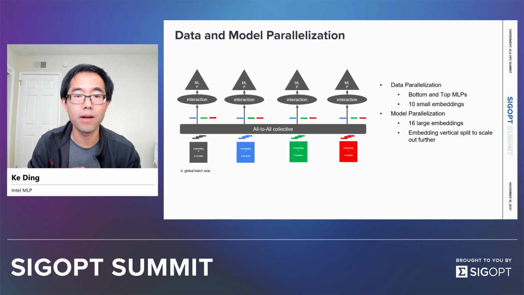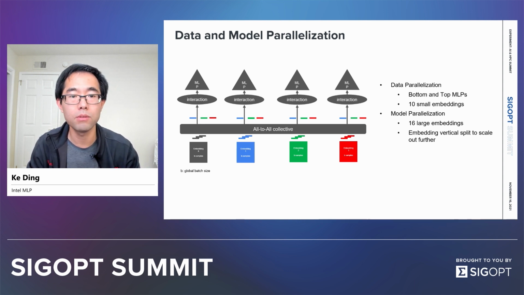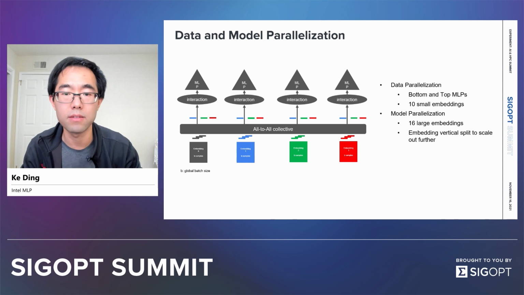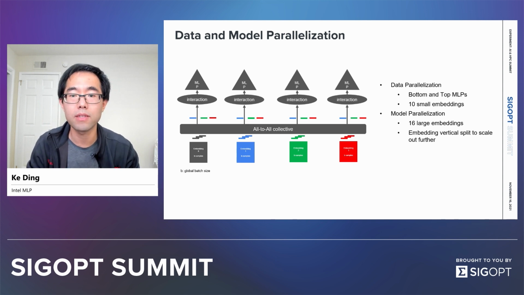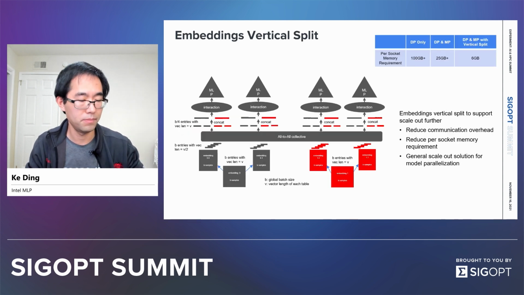For MLPerf DLRM, we only have 16 large embedding tables, which means that we cannot scale to more than 16 instances. To improve the scaling further, we use vertical split embedding-based model parallelization.